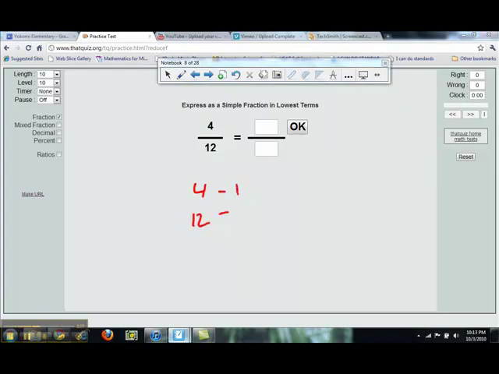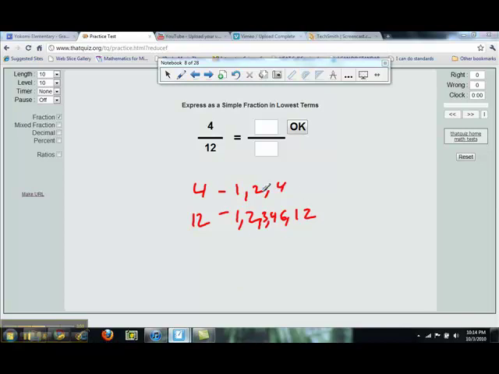Well, let's see, you have 1 times 4 is 4, and 2 times 2 is 4, and that's all the factors of 4. 1 times 12, 2 times 6, and 3 times 4 are factors of 12. And those are all the factors of 12.